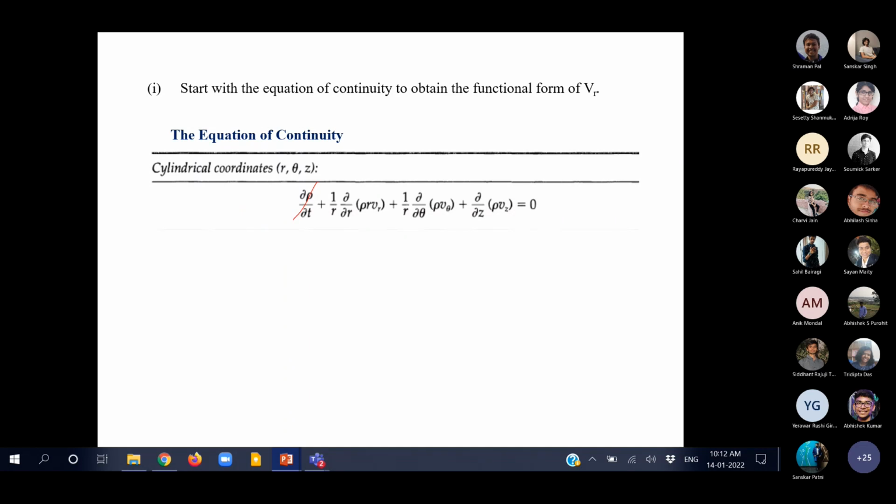Why probably? Why not definitely? It's symmetrical, so I think it should be 0. Yes, angular symmetry is there in this. So therefore, even though v theta is not 0, del theta of v theta is going to be equal to 0. How about del z of rho v z?